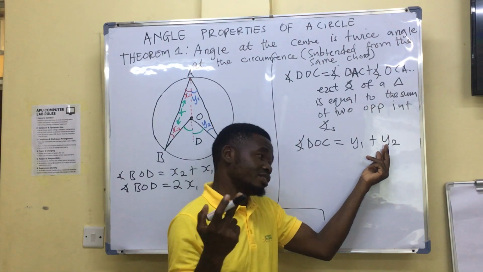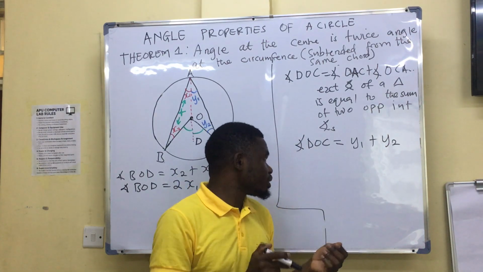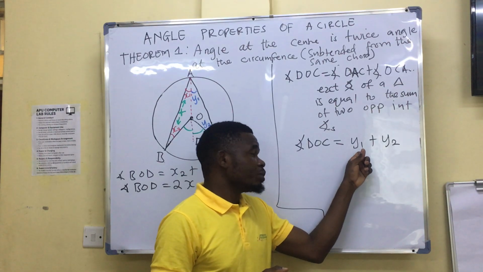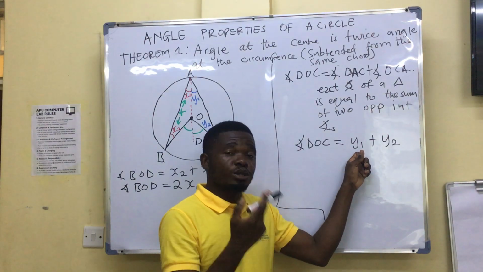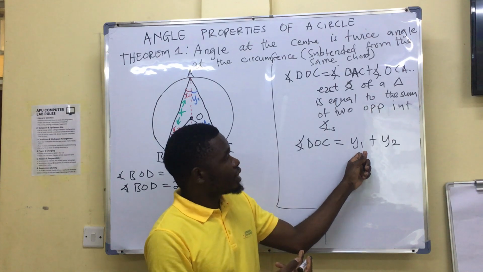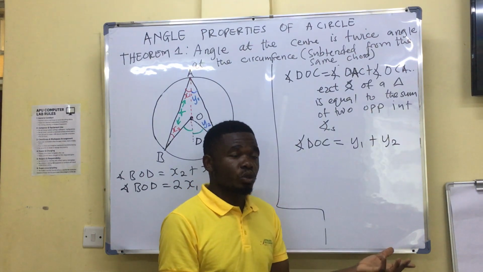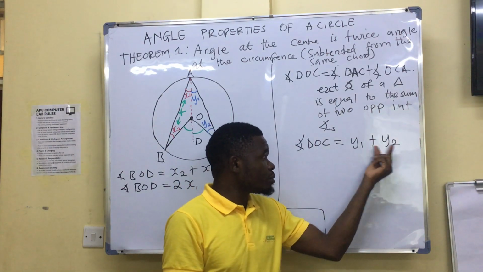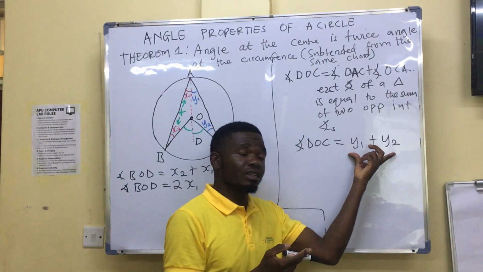So what if we can take just one angle and multiply by 2? For example, let's take Y1, which is 40, as our assumption. 40 times 2 is 80, the same value. If there's 40 here and 40 here, if you add them together, we get 80, right? So here the concept is that we can just take one angle because all of them have the same value. Just take one angle and multiply by 2. It will be the same answer.